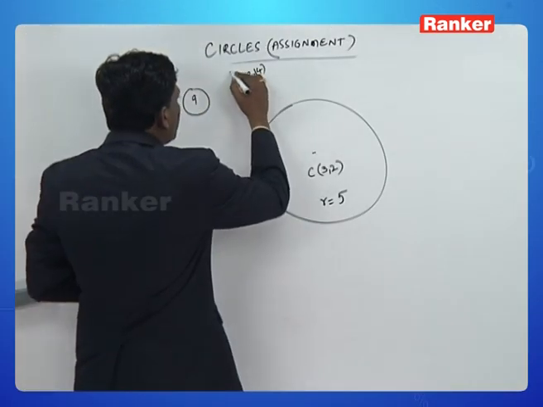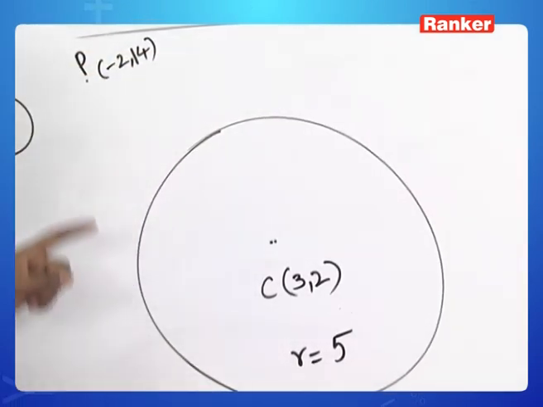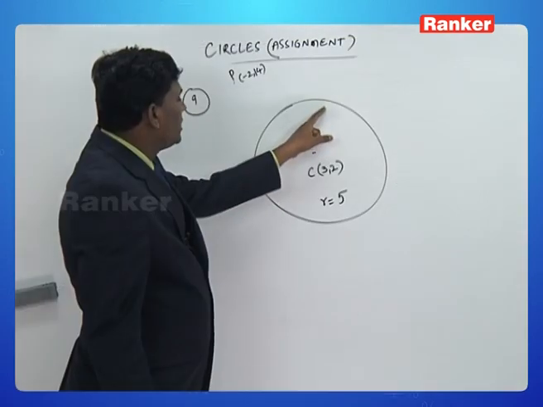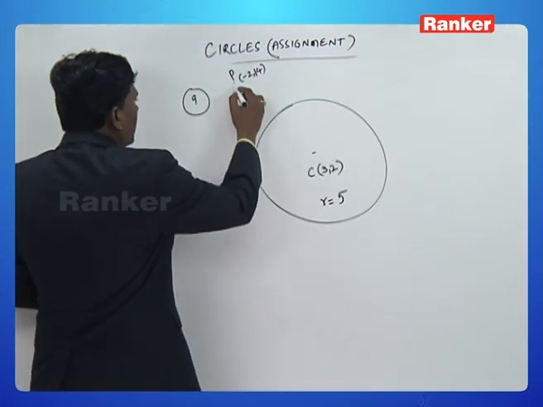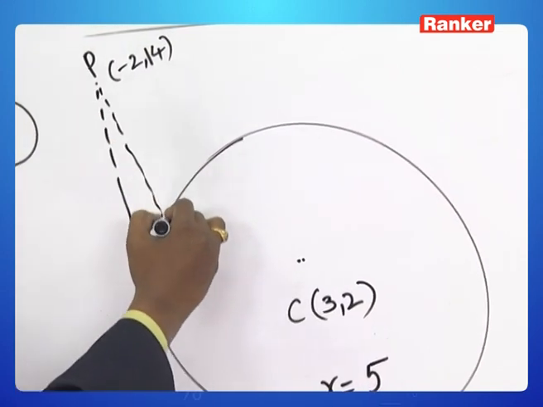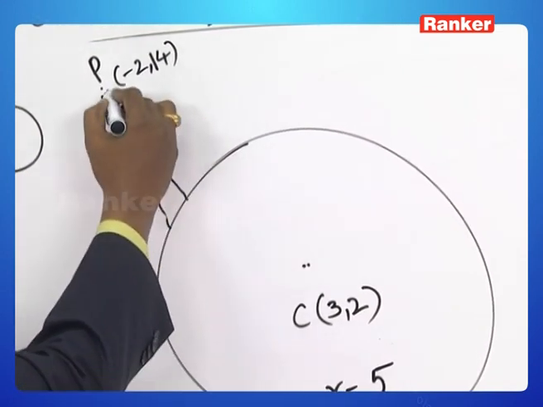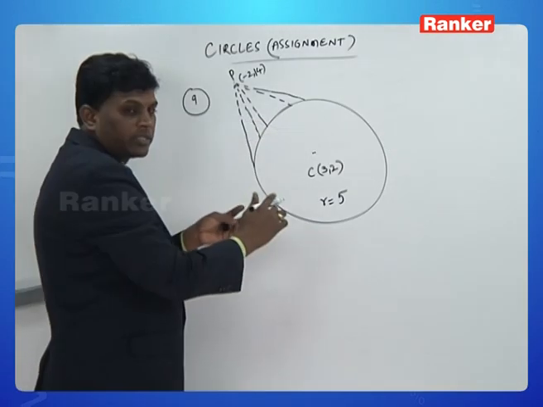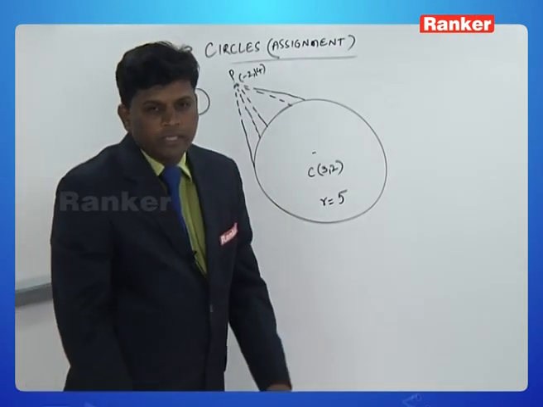If you take this point as P, and from this point you join various points on the circle, various distances to the circle will come.